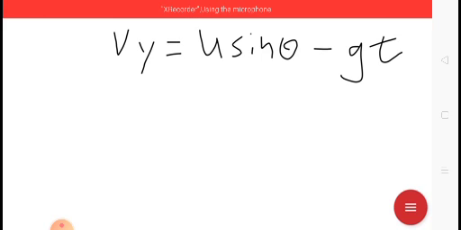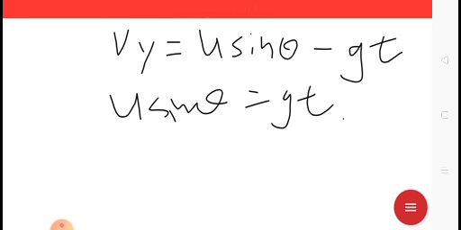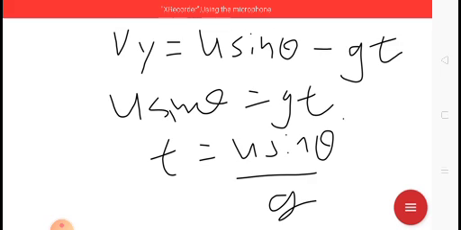At the center point, the velocity will be equal to 0 because this is a turning point, right? So you can simplify your equation: u sine theta equal to gt, because vy equals 0 at the maximum point. When you rearrange, you have t equal to u sine theta over g. So this is the time for the item to reach the maximum point.